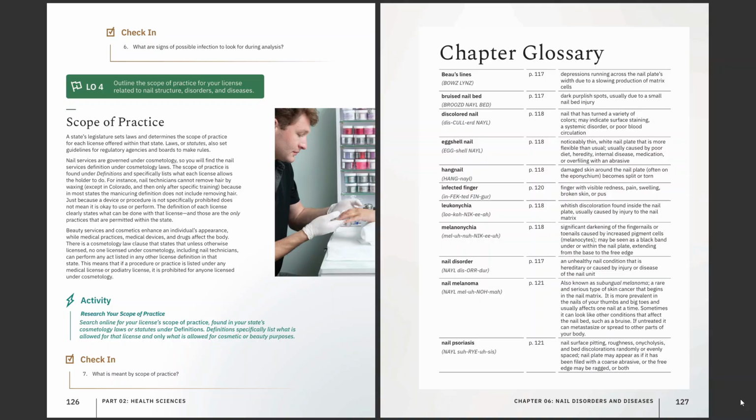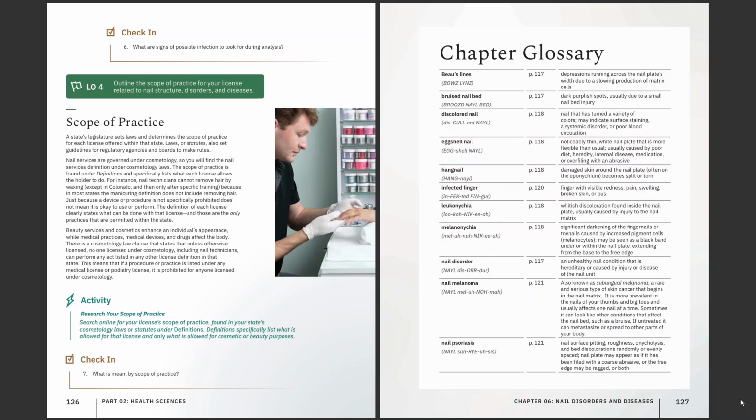Discolored nail: nail that has turned a variety of colors, may indicate surface staining, a systemic disorder, or poor blood circulation. Eggshell nail: noticeably thin, white nail plate that is more flexible than usual, usually caused by poor diet, heredity, internal disease, medication, or overfiling with an abrasive.